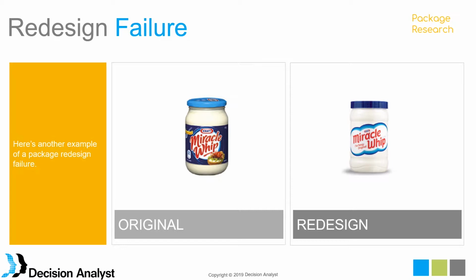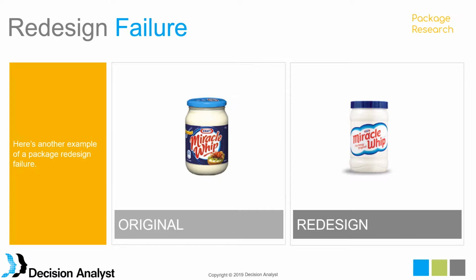So the original package that you see on the left had been on the market for years. The branding and the imagery that's associated with the brand has been widely recognized by consumers. This particular package redesign also occurred around 2009, so similar to what happened with Tropicana.